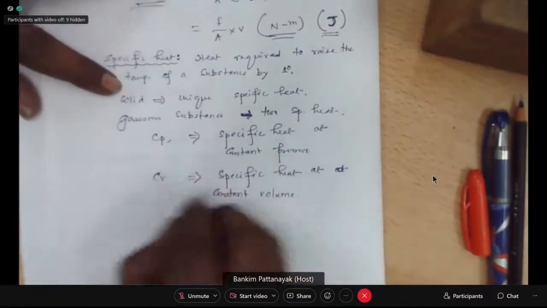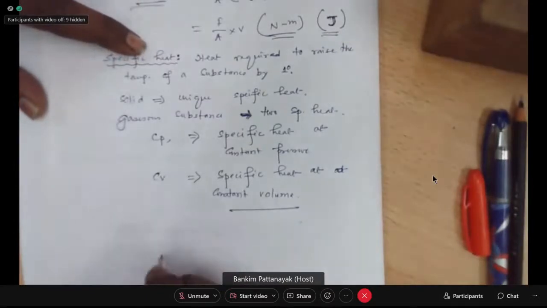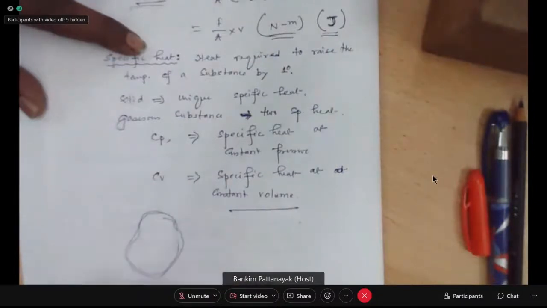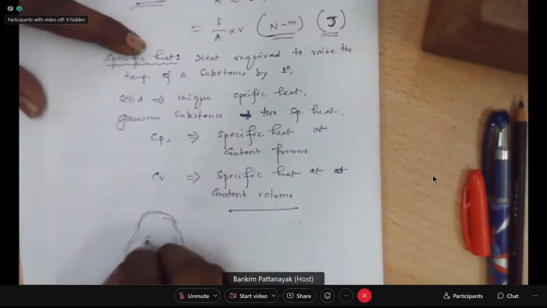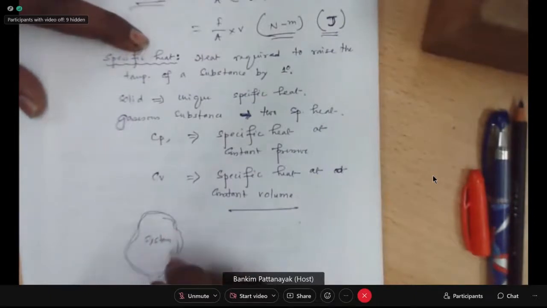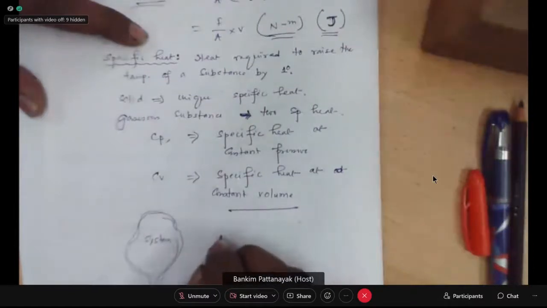For example, you have a closed container, and you apply some heat here. This is a system, and you contain the system in such a manner that energy or material cannot move across the boundary. In that case, the internal energy will change. That means it will get heated up.